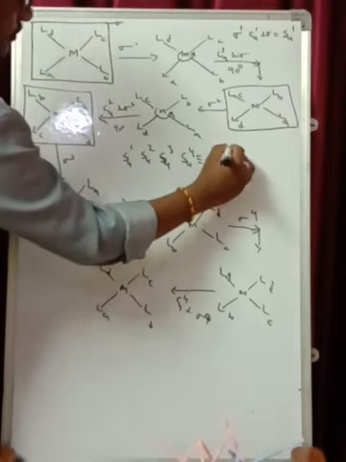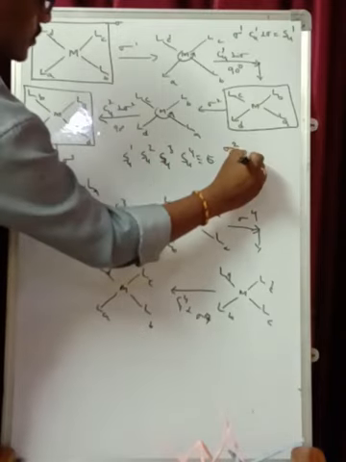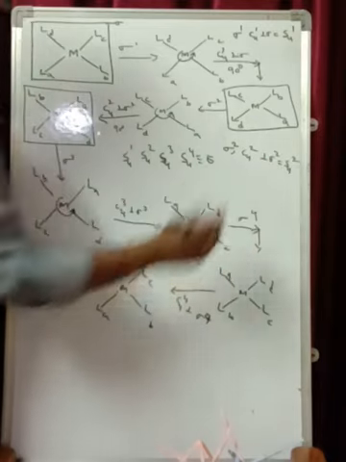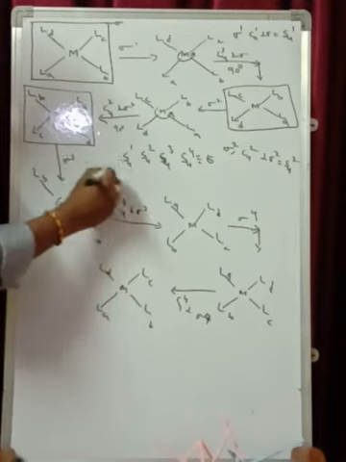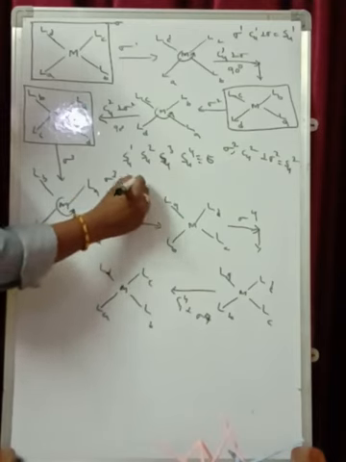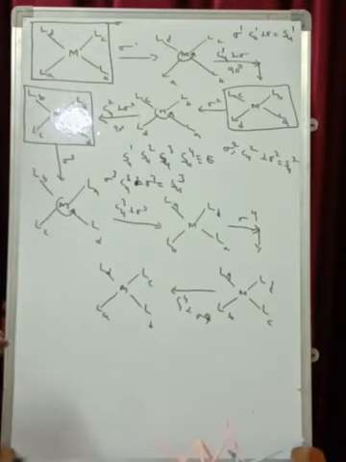Sigma 2 followed by C4 2 perpendicular to sigma 2 will give you S4 2. Again, sigma 3 followed by C4 3 perpendicular to sigma 3 will give you S4 3.